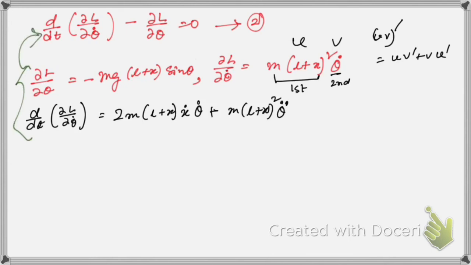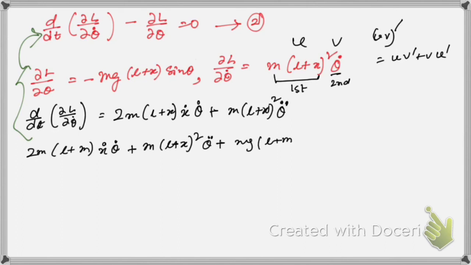Now we are going to use these values in equation number 2, and doing so we have got 2m (L plus x) x dot theta dot plus m (L plus x) whole squared theta double dot plus mg (L plus x) sin theta is equal to 0.